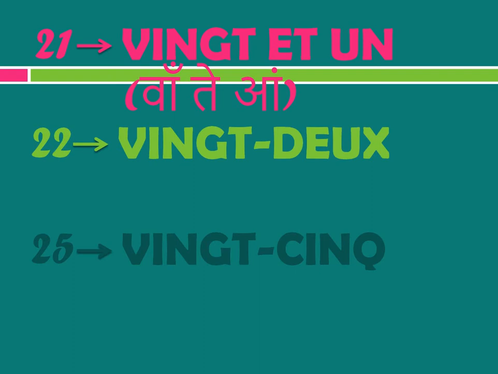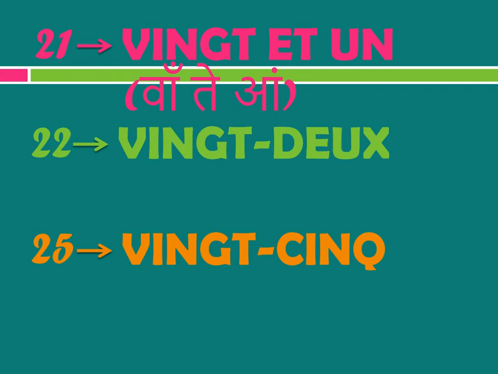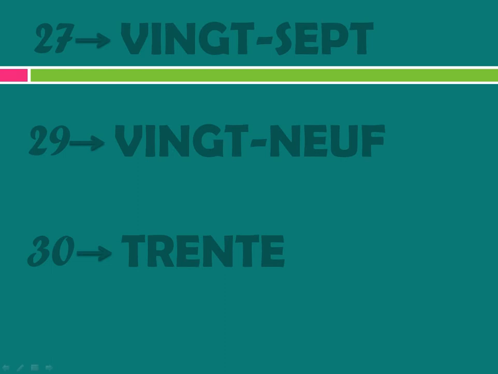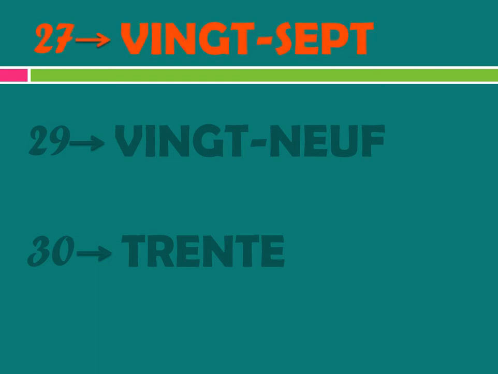25 is made by adding 20 with 5. So it is vingt-cinq. For forming 27, we are going to add 7 with 20, that is vingt-sept.